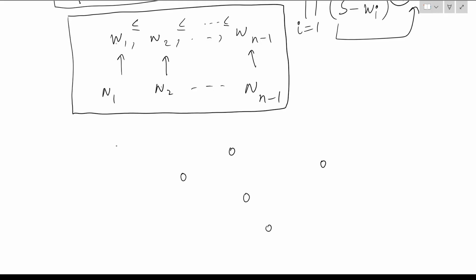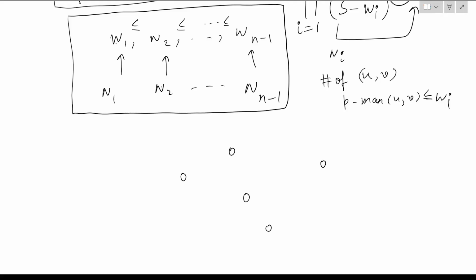Now, instead of counting n1, which was the number of pairs u comma v with p max u comma v equaling w1, let's now relax this. So it's only about at most w1. So this is ni, where the number of u comma v with p max of u comma v at most wi is just ni.